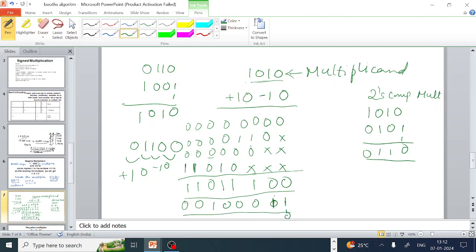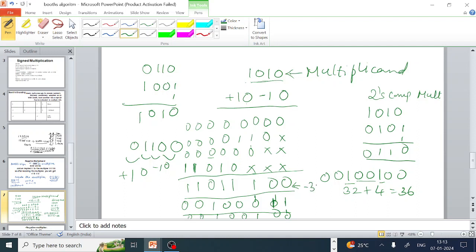So 1 plus 1 is 0, 1 plus 1 is 0, carry 1. Okay. Now just check. I have got 0 0 1 0 0 1 0 0. So what is this? This is 4 plus 32. 32 plus 4 is 36. So the answer I have got is right.